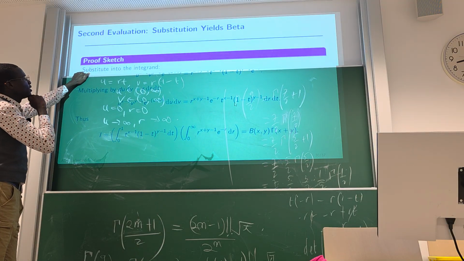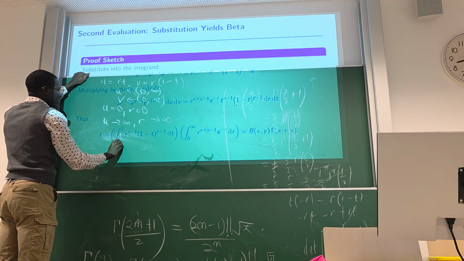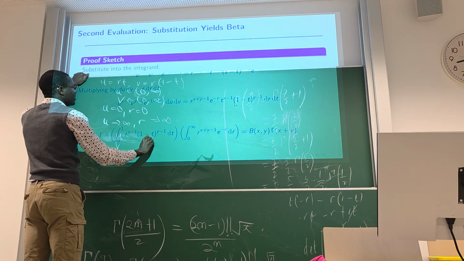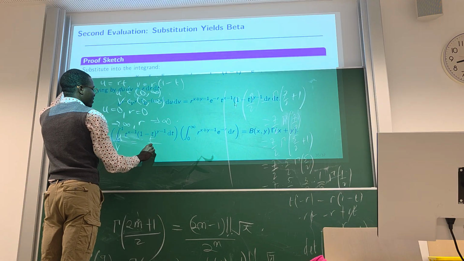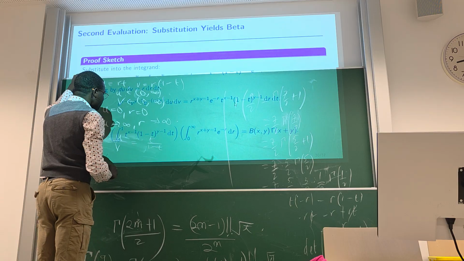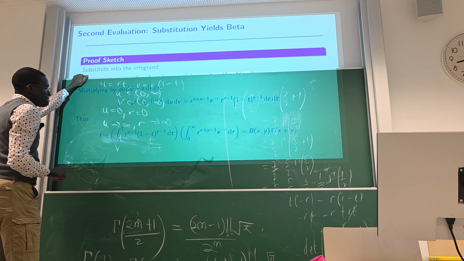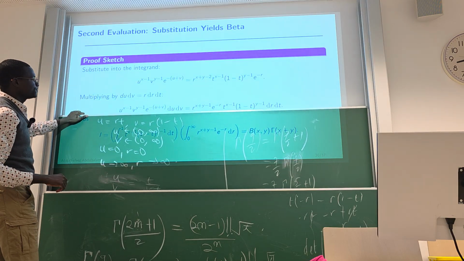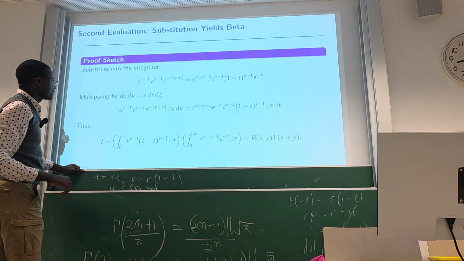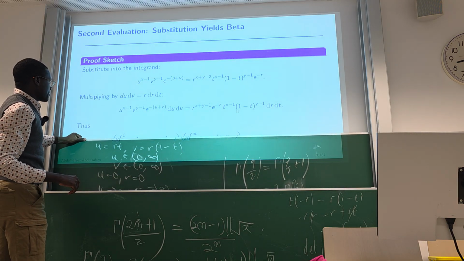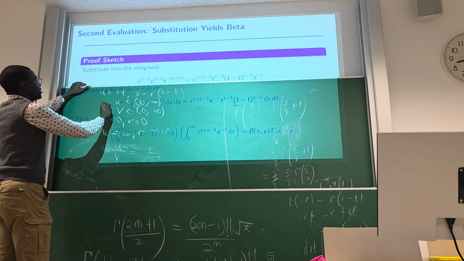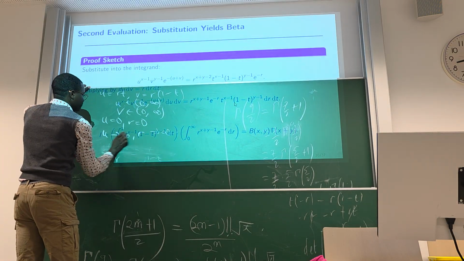Let me see. You could have u divided by v equals t divided by 1 minus t, I see. And what else?